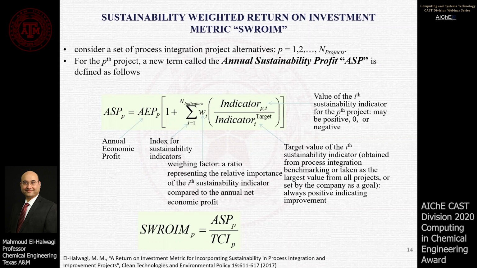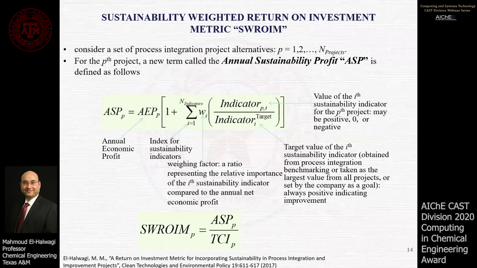For each one of those metrics, there is a weight, WI, which represents the relative importance of the indicator as a ratio to the economic profit. This weight depends on the company's core values and the importance of that metric.